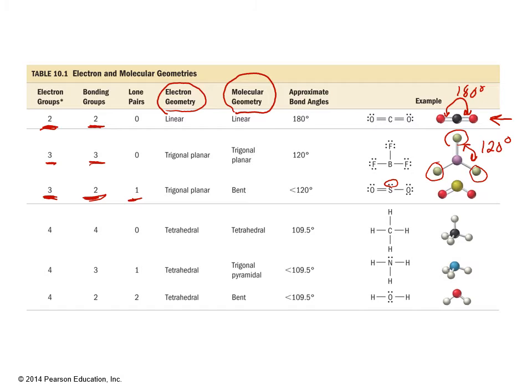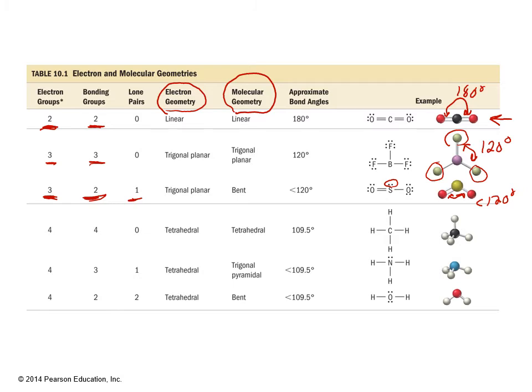We're only seeing the bonds, and so this is considered a bent molecule because the lone pair is repelling the bonds, making it bent. The bond angle is less than 120 degrees.